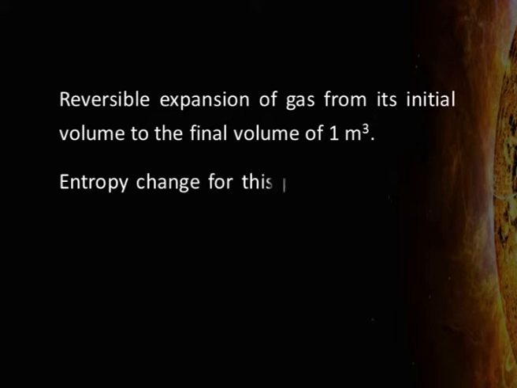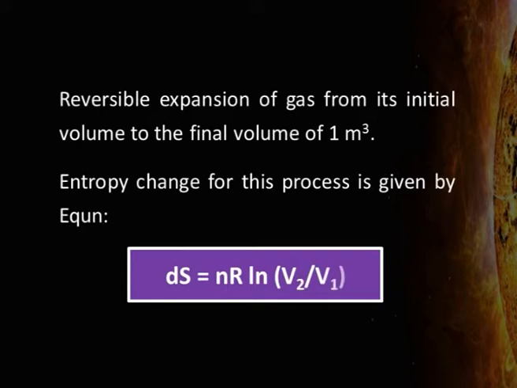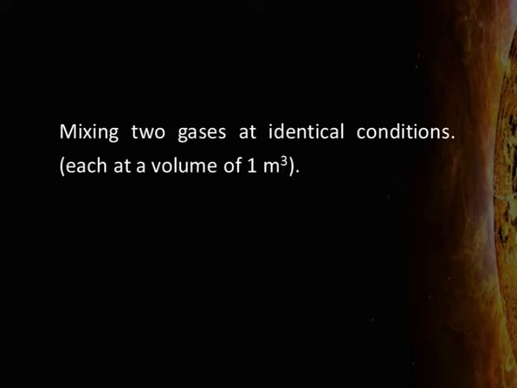Entropy change for this process is given by the equation dS equal to nR natural log V2 divided by V1, where V2 is the final volume, which is 1 meter cubed, and V1 will be the initial volume for the individual gases. The second step will be the mixing of two gases at identical conditions of temperature and of volume equal to 1 meter cubed.